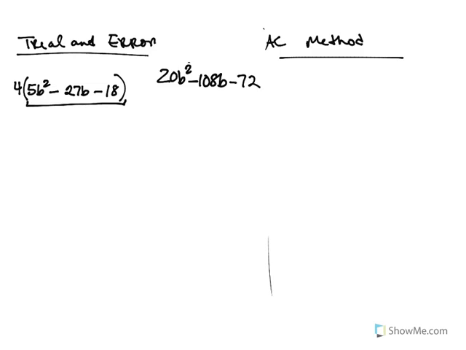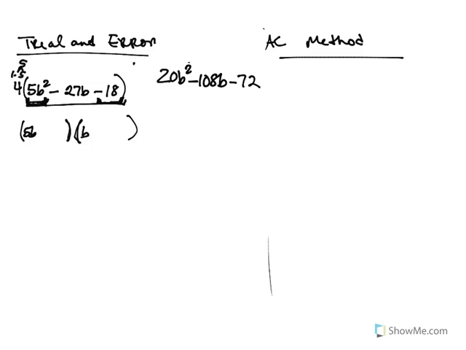So trial and error is exactly what it says. You're just going to try different pairs and see which pairs work to create the trinomial you need. So you do factors of the ax squared term, and then factors of our c. We need to create that negative 27. 5b squared can only be split as 5b and b, because the only factors of 5 are 1 and 5.